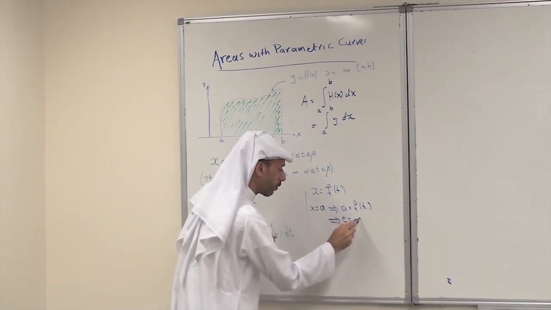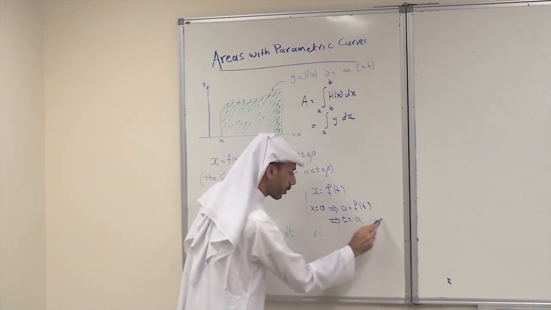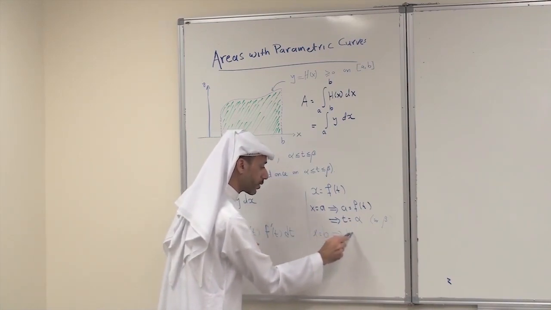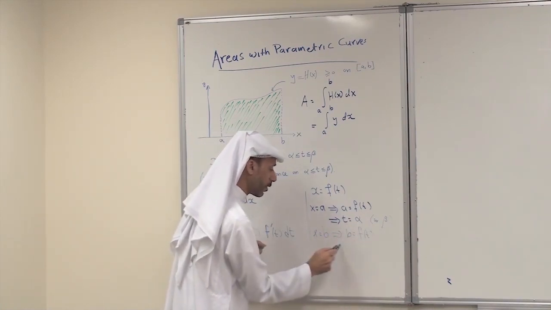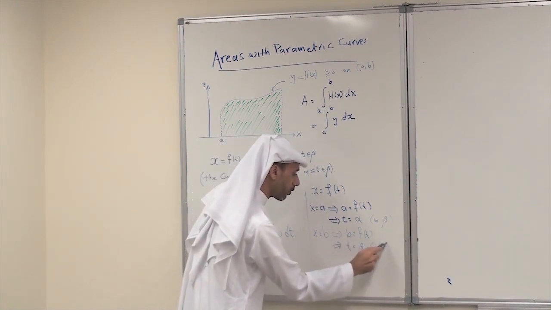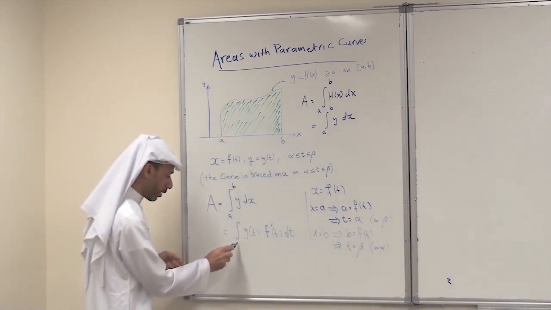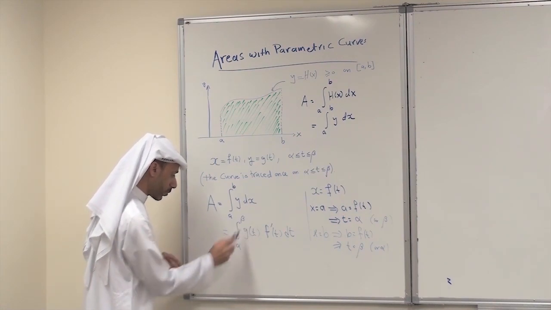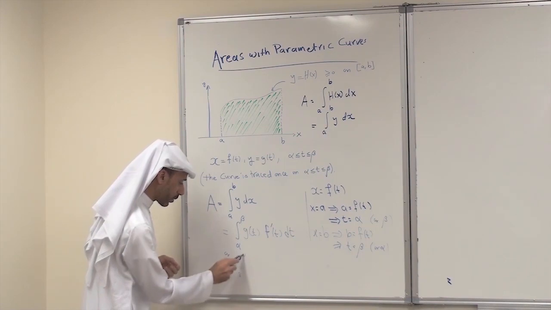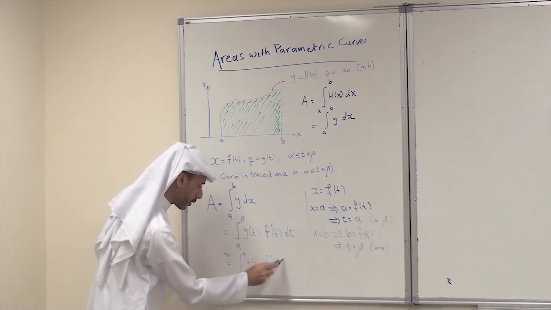If x equals b, find the corresponding t by solving, and then you get t equals beta or alpha. In this case, we get the integral from alpha to beta or beta to alpha of g of t f prime of t dt.